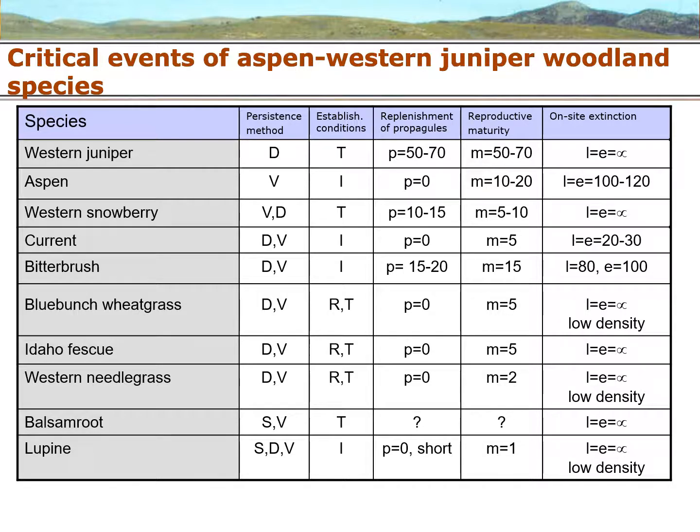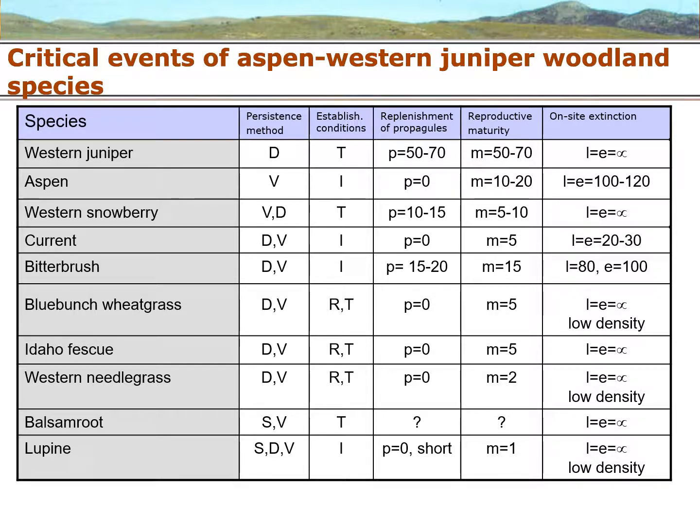Replenishment of propagules is 0 because it's vegetative reproduction. Reproductive maturity is about 10 to 20 years old, and it doesn't live very long. It lives for about a little bit above 100 years. I think the older aspen that's been cored are about 200 years.